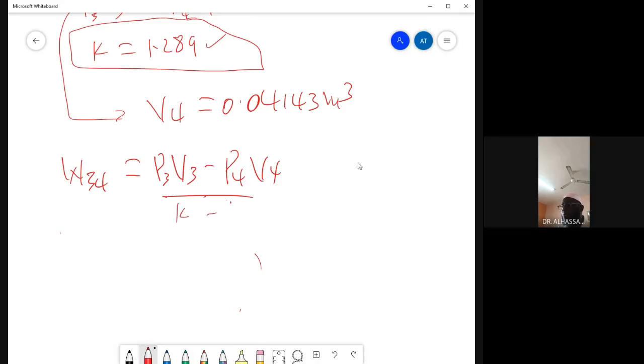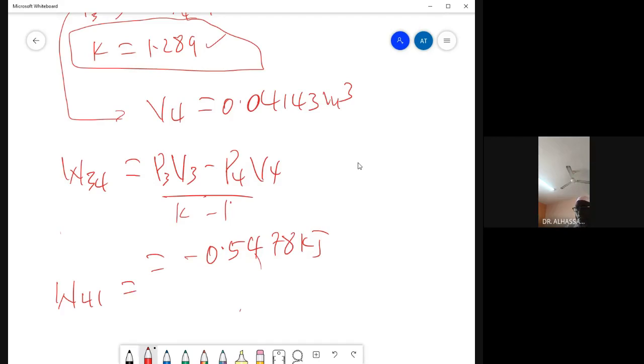If you calculate this, you get minus 0.5478 kilojoules. Now the last one, we need to calculate W41.